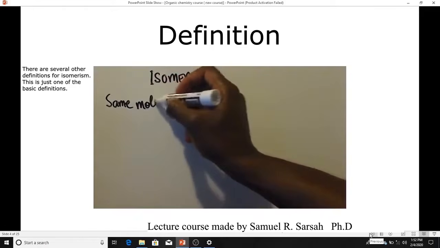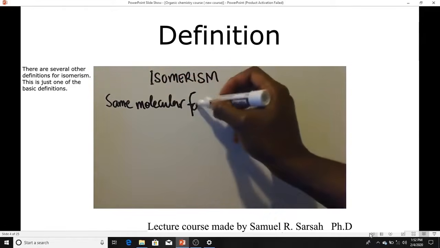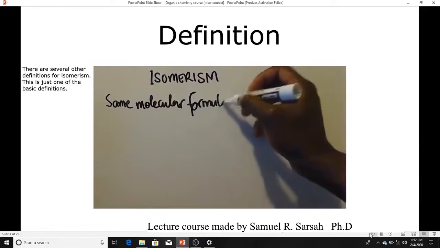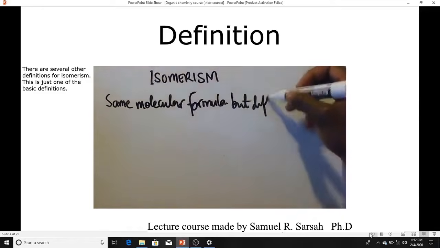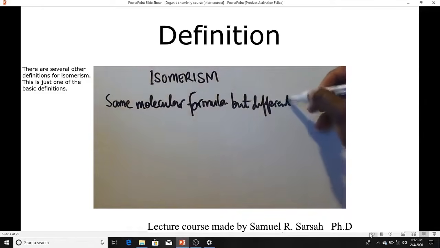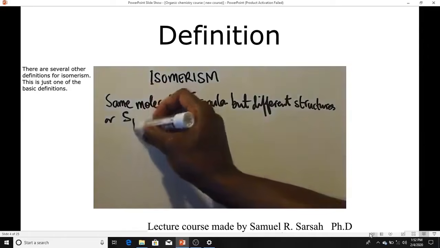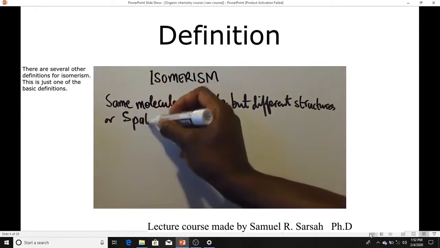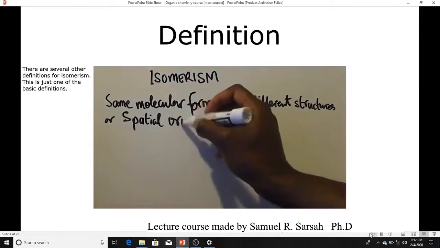Molecular formula, but different structures or structural formula, or spatial orientation.